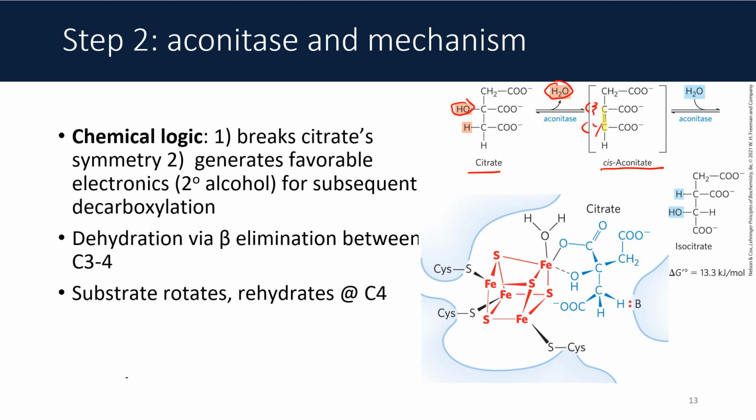And then we are going to take the water molecule that we just formed and slap it back in. We're going to rehydrate that newly formed double bond. But we're not going to rehydrate at the C3 position. Instead, we're going to rehydrate the C4 shown over here. And so what do we get out of that? Isocitrate, which is notably asymmetric.